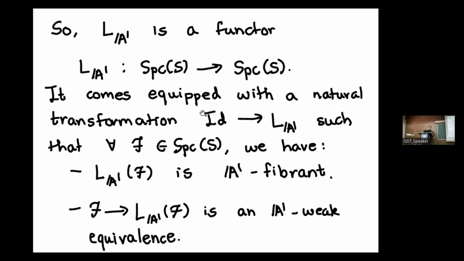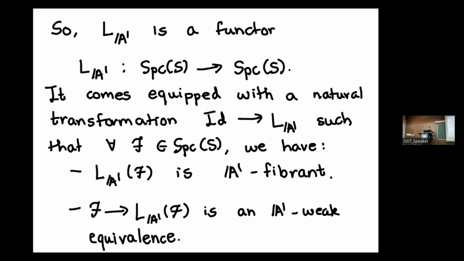It comes with a natural transformation from the identity functor to LA1, such that for any object F, if you evaluate it on F, you get a morphism from F to LA1F. So LA1F is what I call the A1 fibrant approximation of F. And this morphism is an A1 equivalence. By A1 equivalence, I mean something that is a weak equivalence in the A1 model structure.